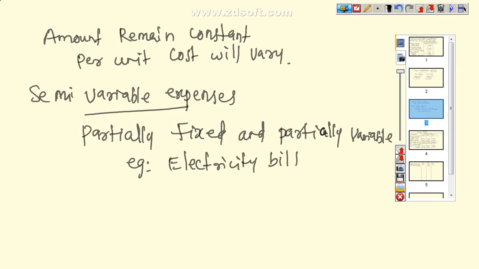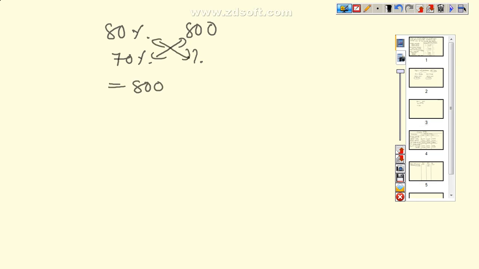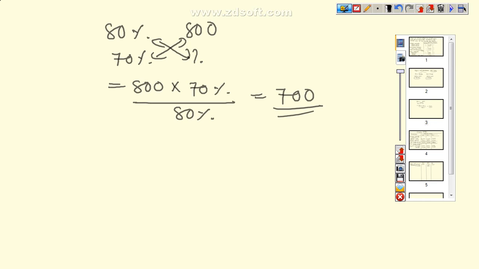Again we have to do the working note. For 80% capacity, we know the answer, that is equal to 800. Now how to calculate for 70% capacity? Simple cross multiplication, that is equal to 800 into 70% upon 80%, that is equal to 700. Same calculation for 90%.